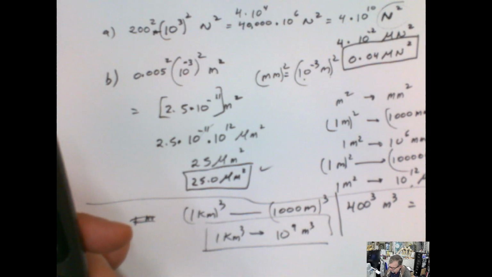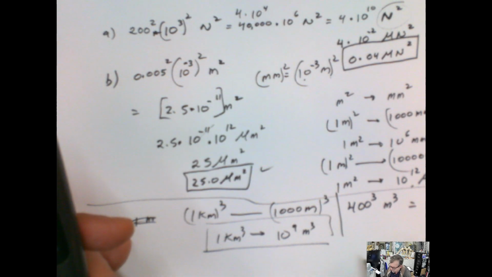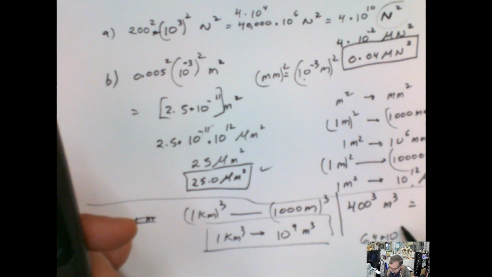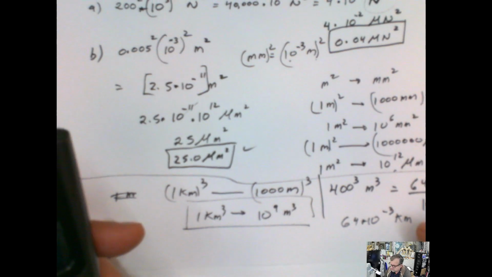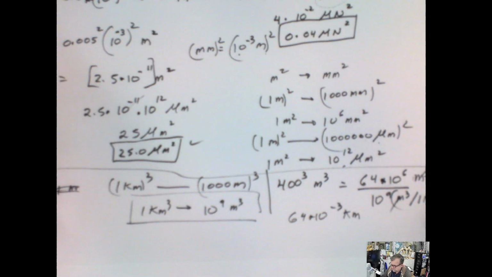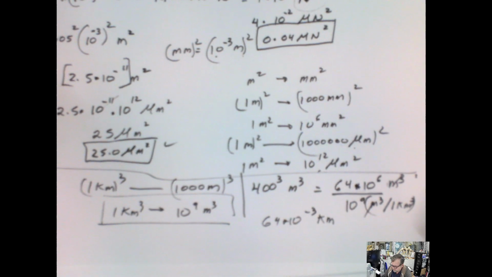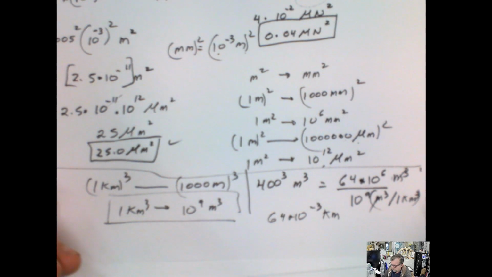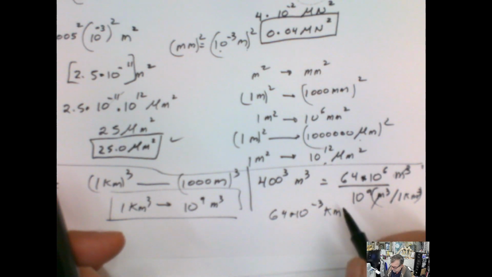This and this cancel out, and this passes to the top. So basically it's going to be 64 times 10 to the negative 3 kilometers cubed. Oops, I lost track of the paper. How dare I do that to you? Never again.